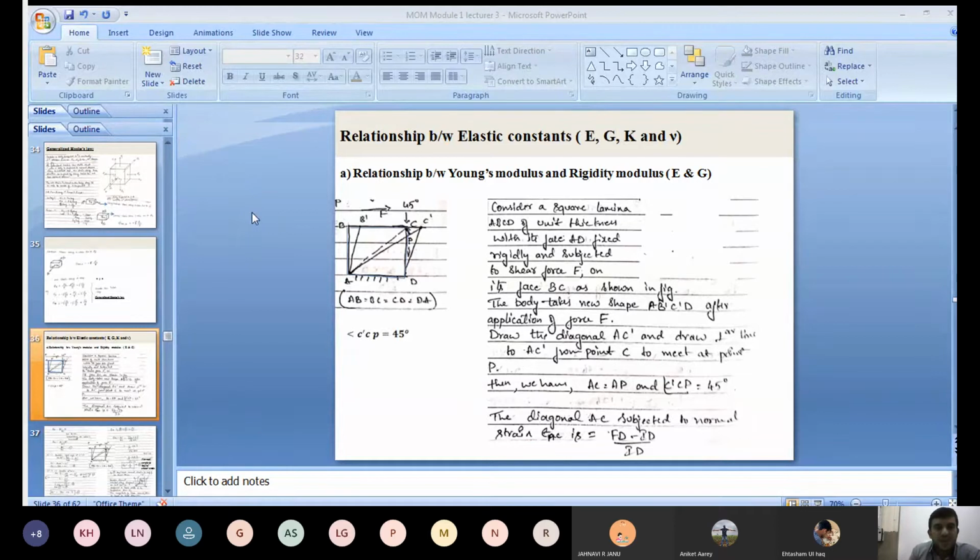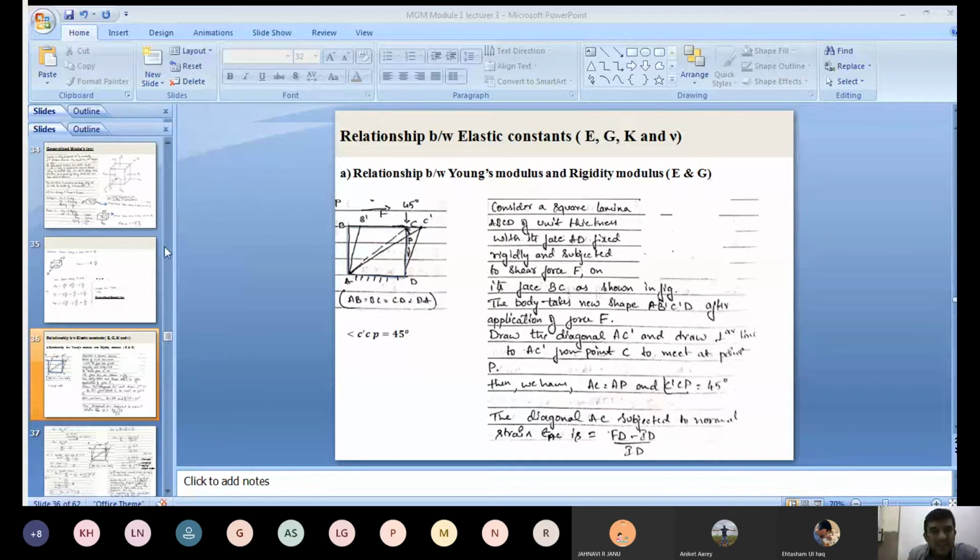Now consider a square lamina ABCD. When a shear force is applied on the BC surface, the square lamina changes to a rhombus. Where does the deformation, the change in dimension, take place here? See the diagonal AC.